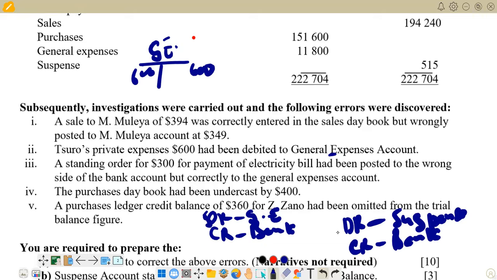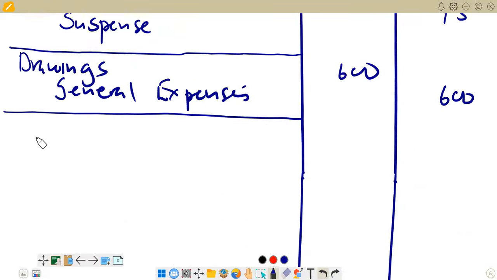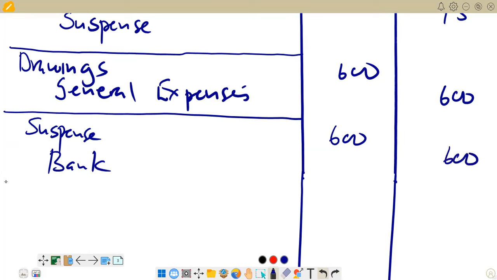That's error number 3. This is the correction in terms of the journal entry. So if you come here now, we are seeing that suspense is being debited with a double amount, which is 600, and then we credit the bank 600. So that's what we have in terms of this error.